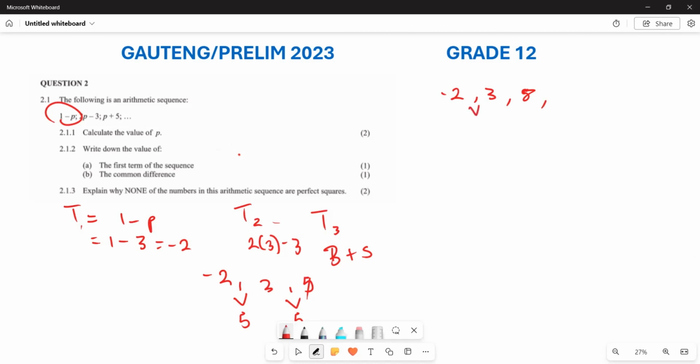Remember the difference here is 5, it's +5, it's +5, which means if we continued, this was going to be 13, and if we continued, this was going to be 18.